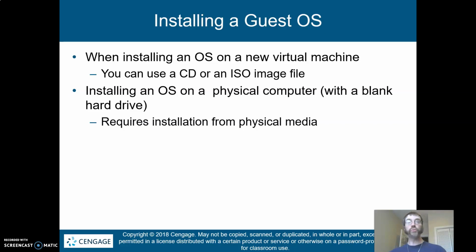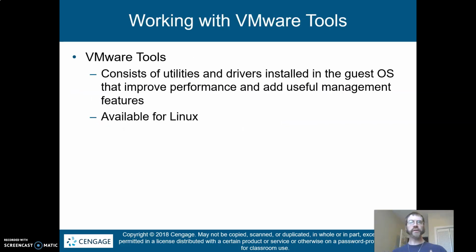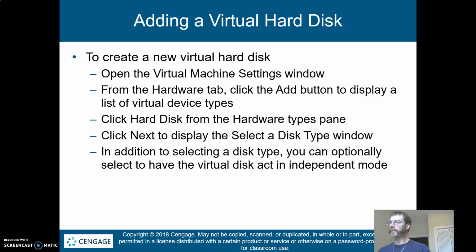There's also VMware Tools. It's available for both Windows and Linux. It will give you some drivers and allow you to interoperate with the host system better. You can add a virtual hard disk. Now, the thing to note with adding virtual hard disks is that some of these you can add while it's running and some you can't.